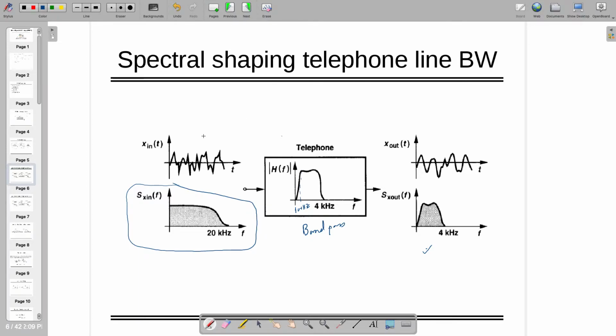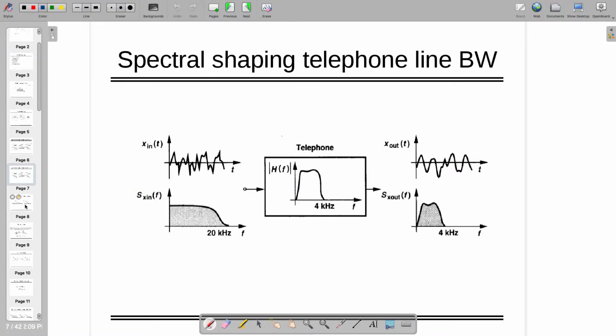In time domain, at the output side you are going to have just 100 hertz to 4 kilohertz frequency signals. You are not going to have anything else. It will be in this band of frequencies.